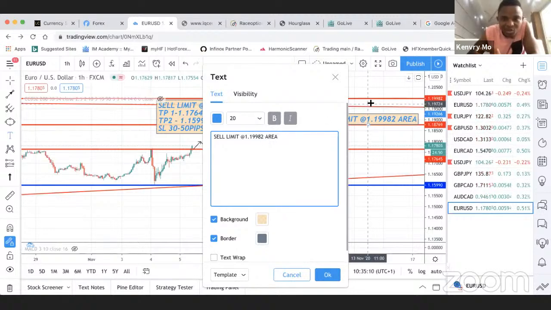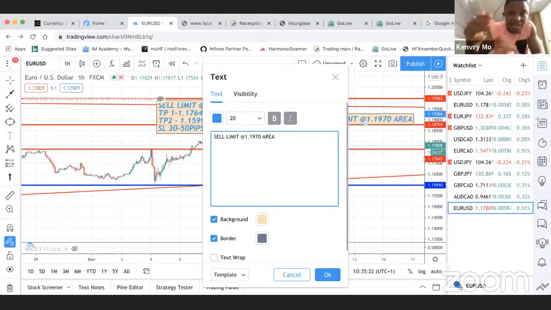In between 61, okay, 197, let me use 70, because in between 1970, in between the trend line and the resistance is a trade to start going down. All right, am I correct? 19700. Okay, that's the entry.